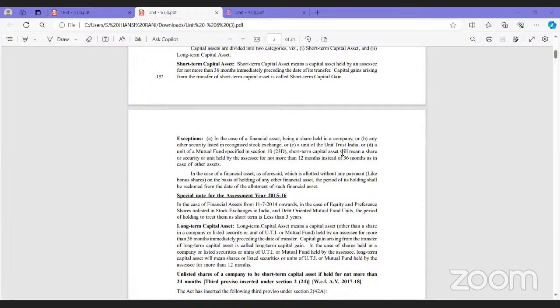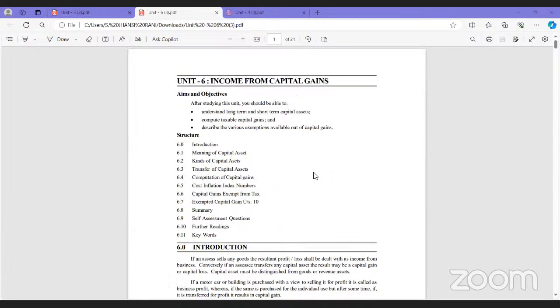Whenever we are calculating income from capital gains, first we should know that under capital gain, we have short-term capital gain and long-term capital gain. If you are holding any shares or securities for more than 12 months or 1 year, they will become long-term capital gain.